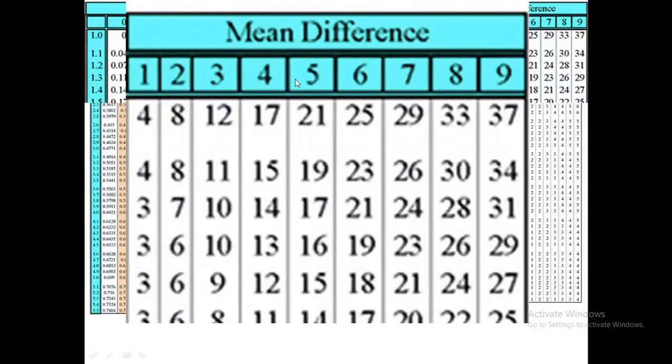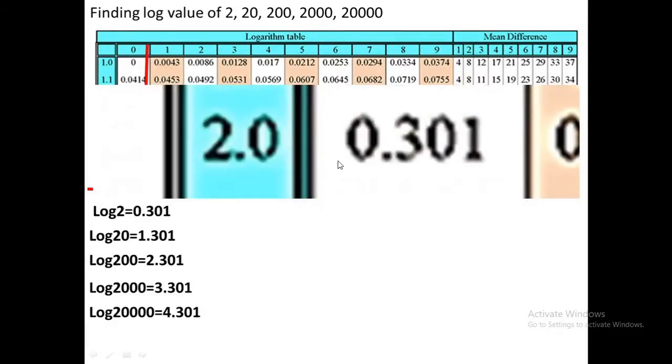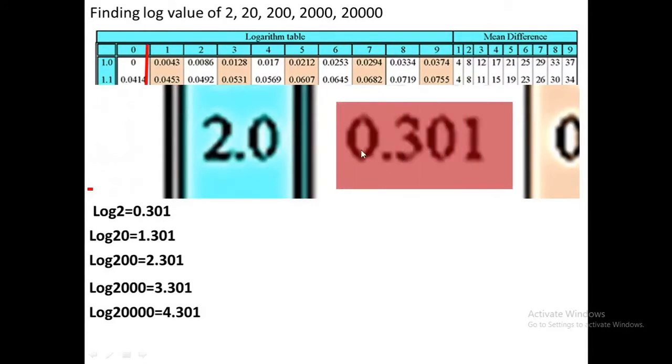So first let's take some examples to calculate the log value. Suppose you want to find the log value of 2, 20, 200, 2000 or 20,000. First we will find where 2 is mentioned, and if we know the value of log 2, it's very easy to calculate the value of log 20, 200, 2000 or 20,000. If our value is between 0 and 10, we write 0 before the decimal.